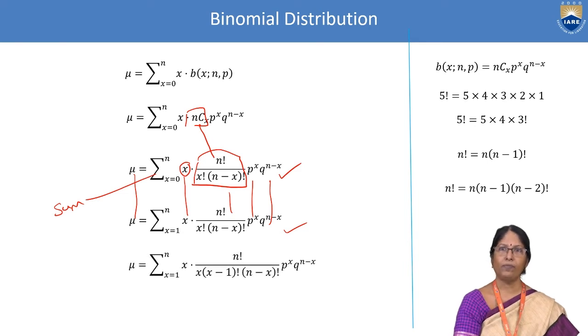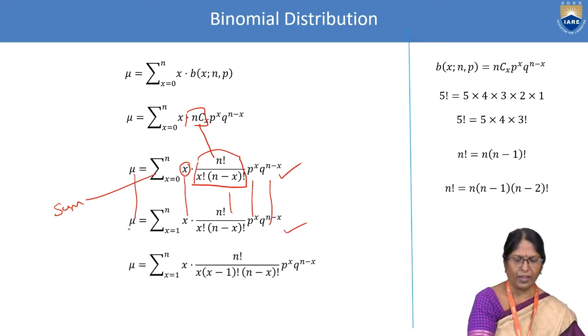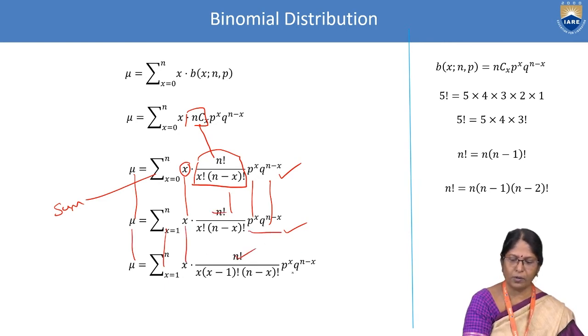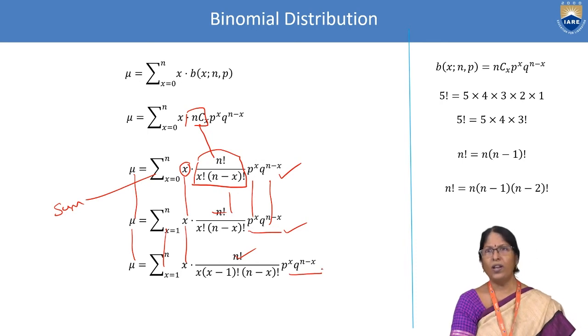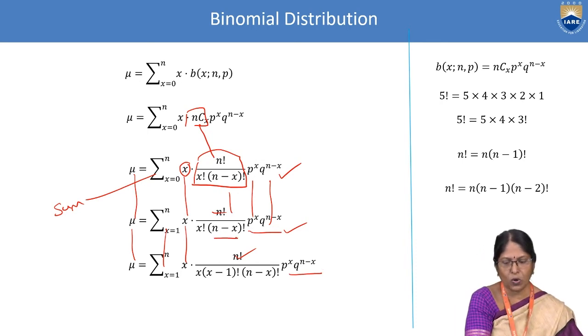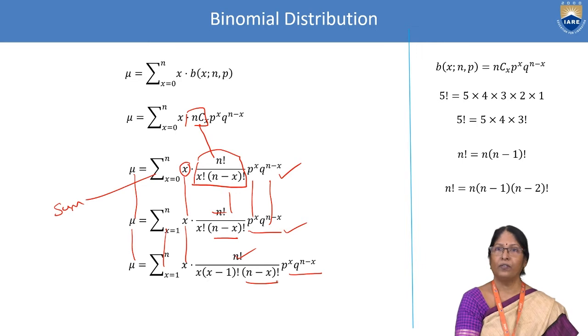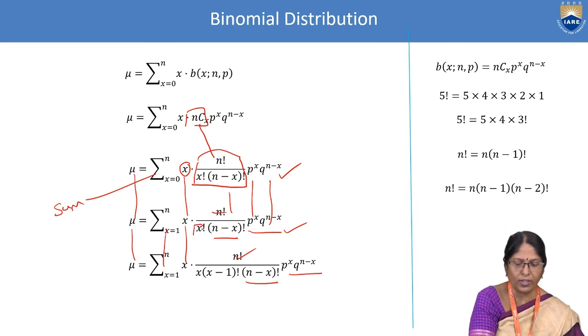Next. Here everything is the same, and n factorial is written. This term also is as it is. We brought the changes only in x factorial.